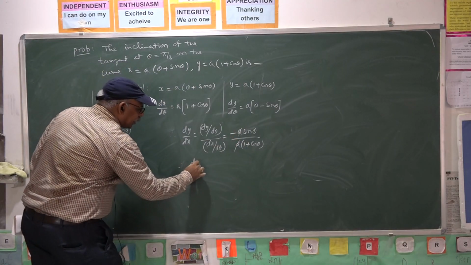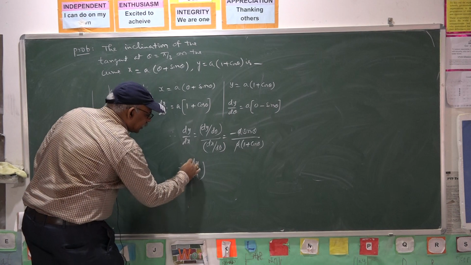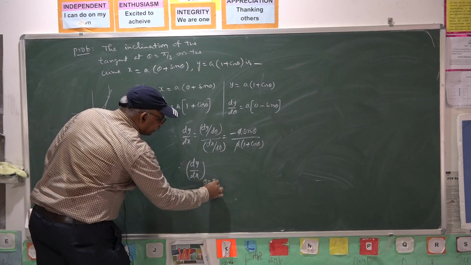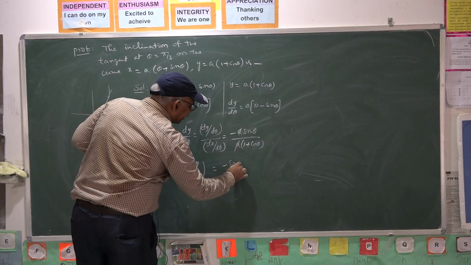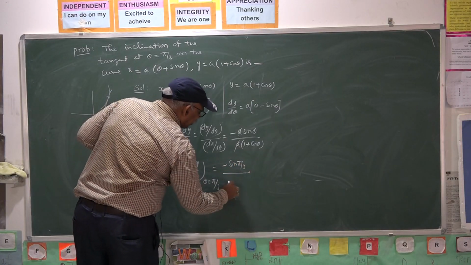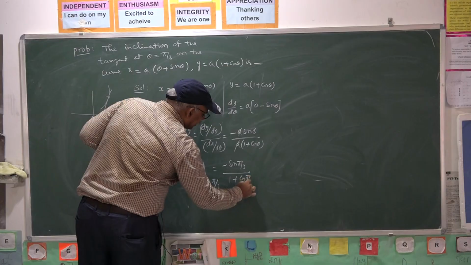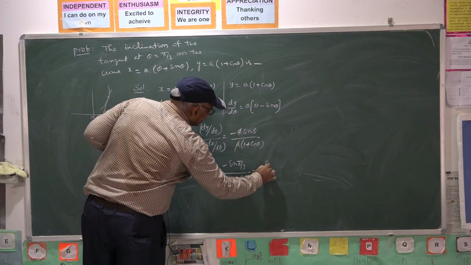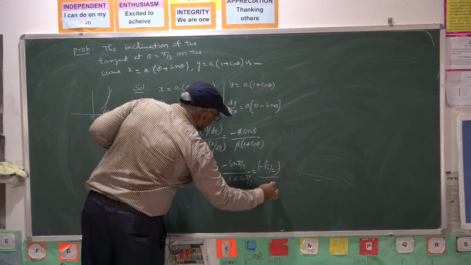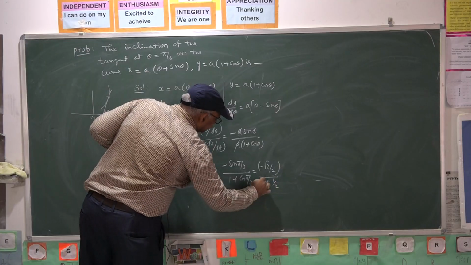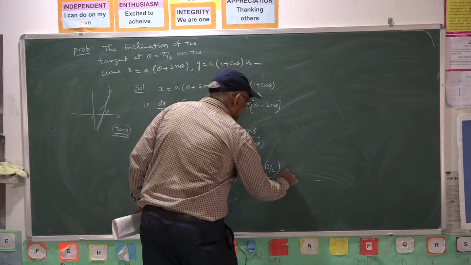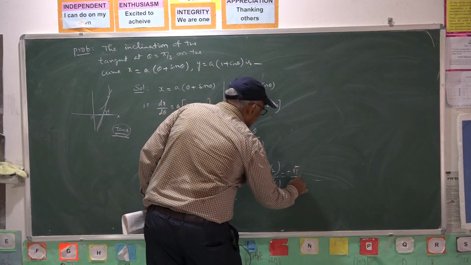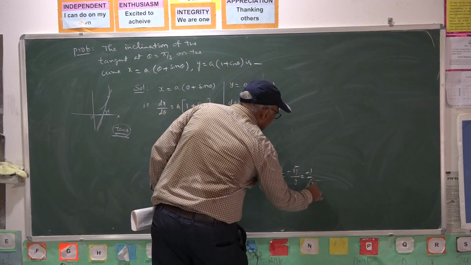Therefore, dy by dx at theta equal to pi by 3 is minus sine pi by 3 by 1 plus cos pi by 3. This is minus root 3 by 2 by 1 plus 1 by 2, which is minus root 3 by 3, minus 1 by root 3.